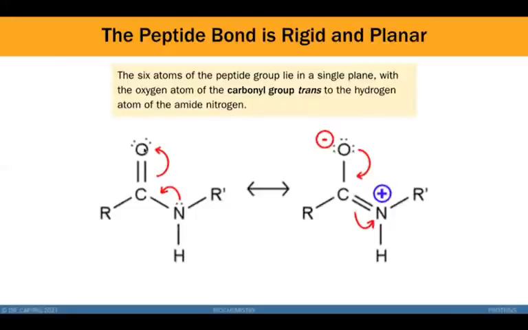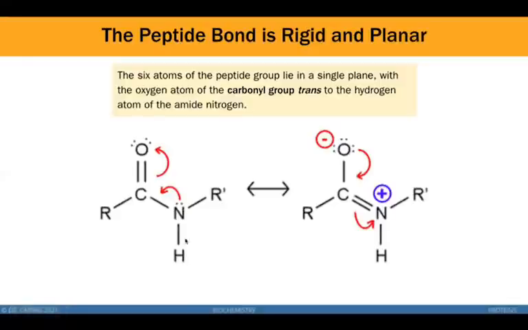It is important to emphasize that the carbonyl group is trans to the hydrogen atom of the amide nitrogen. When you say trans, it is opposite. So this is going up, and this is going down. So that is trans. When you say cis, it's on the same side.